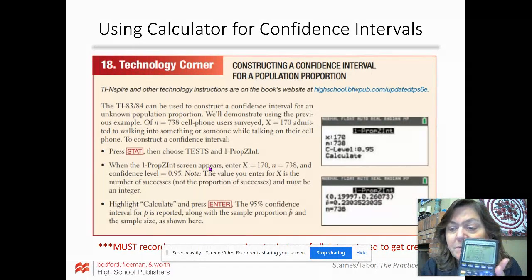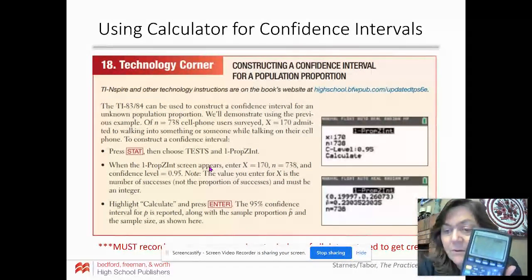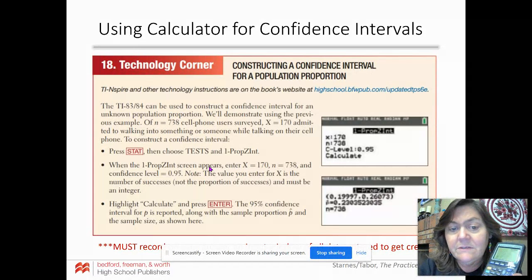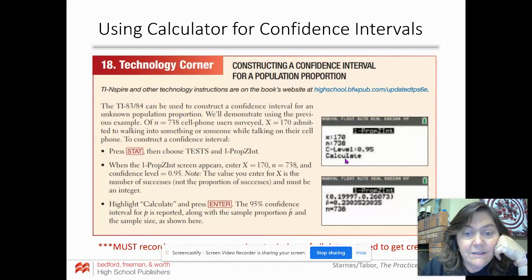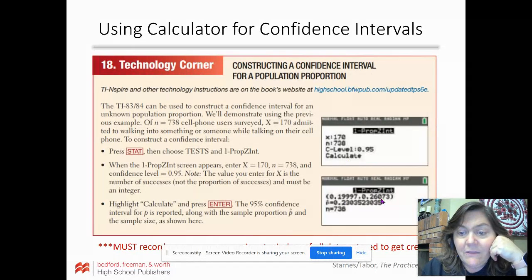You just need to put in your x value, your n value, and then what confidence level you are doing, and hit calculate, and you will get back the interval. It'll tell you what p-hat is, so you don't have to do that division. It'll even give you p-hat and your n back, and then you can take those values and interpret them.